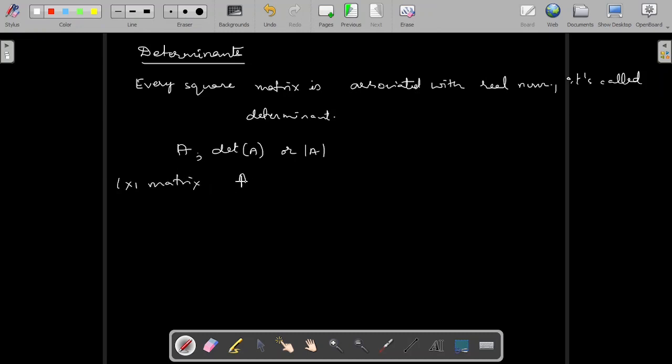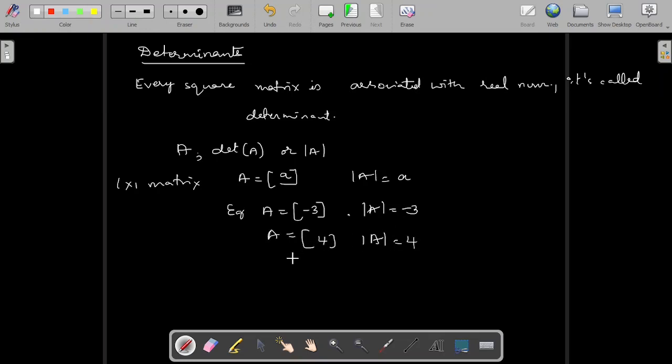A 1 by 1 matrix has only one entry, then determinant of A equals the given entry itself. Example, if A equals matrix minus 3, then determinant of A equals minus 3. If A equals 4, then determinant of A equals 4. The given number itself is the value of the determinant of that matrix. For a 2 by 2 matrix, the determinant is calculated like this.